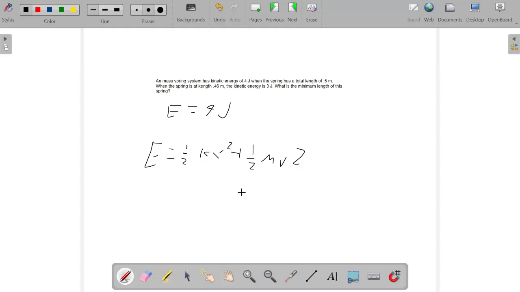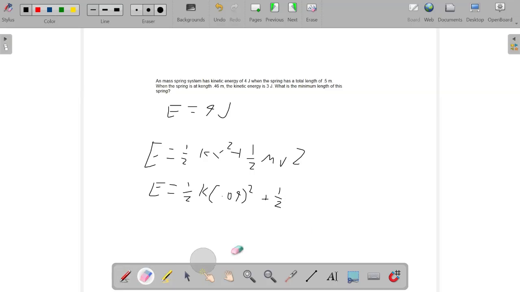What we know is that when it's at a length of 0.46, meaning it's stretched 0.04 meters, its kinetic energy is 3J. So E equals 1 half of k times 0.04 squared plus 1 half mv squared.